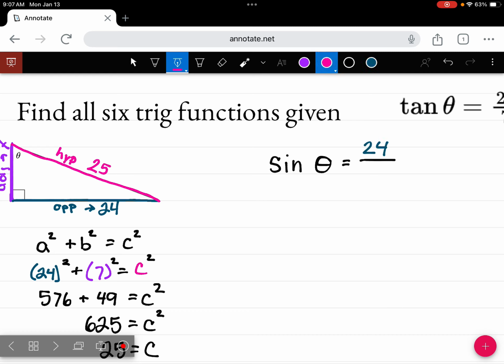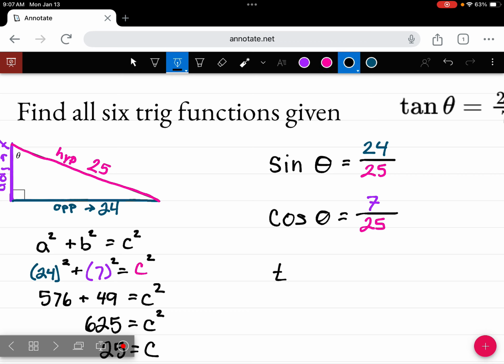Our hypotenuse is 25. Our cosine of theta, yep, you're exactly right. It's our adjacent. CAH, adjacent over hypotenuse. So our 7 over 25.